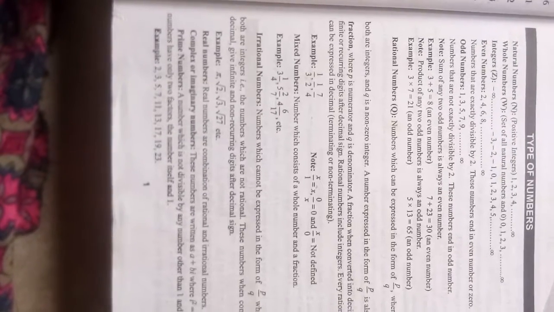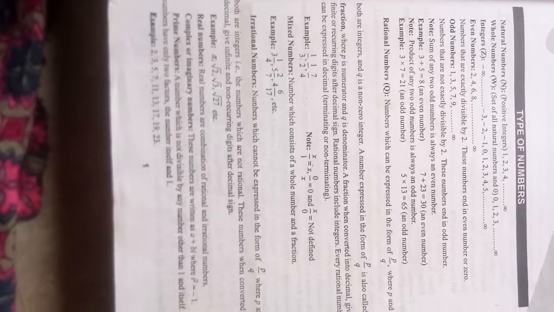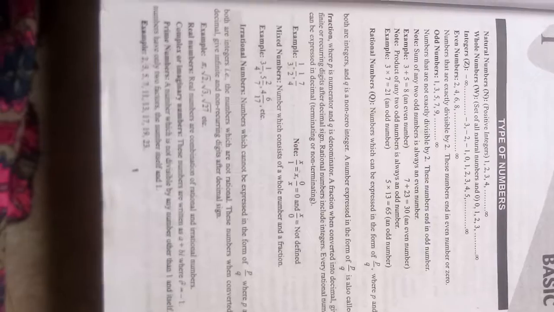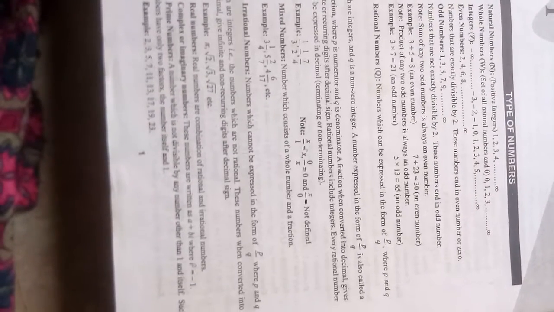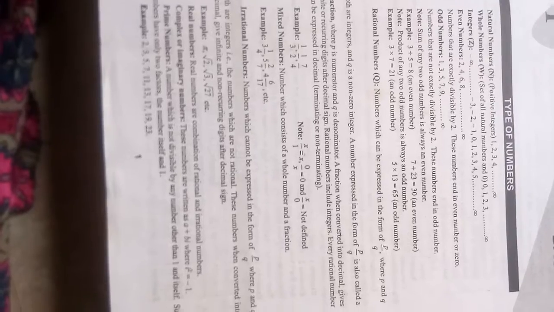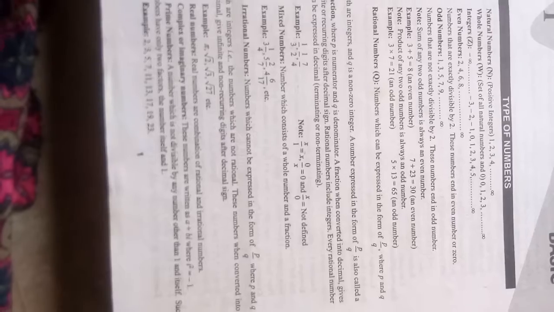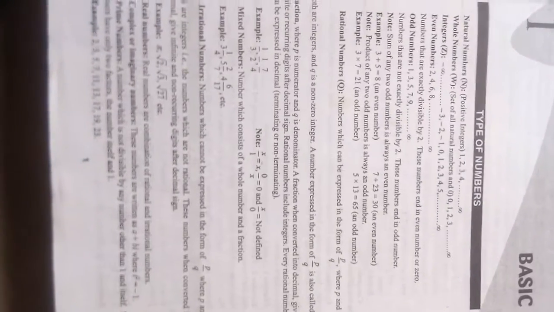But if we get exactly 2 factors, 1 and the number itself, for example 13, I can write 13 as 1 times 13. So here how many factors am I getting? 1 and 13 itself, the number itself, right? So these types of numbers are called prime numbers.